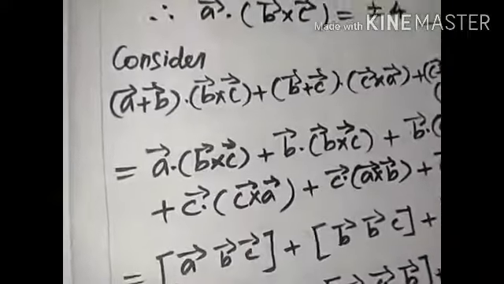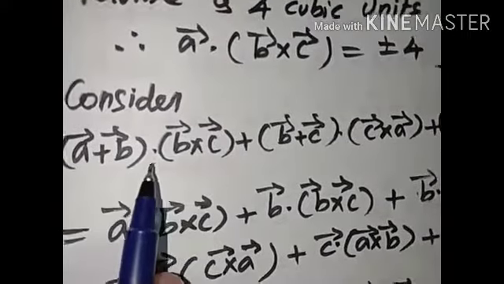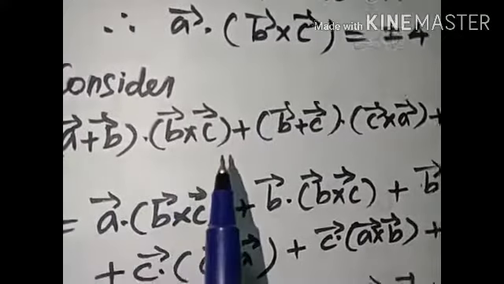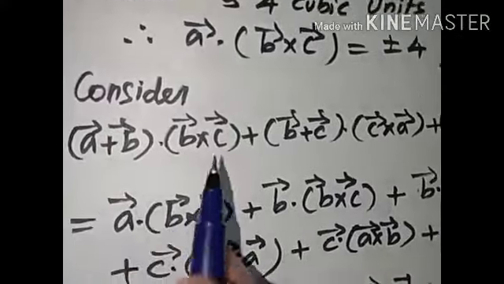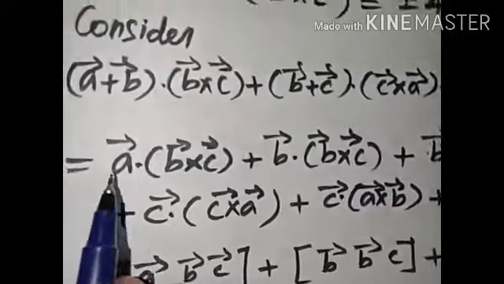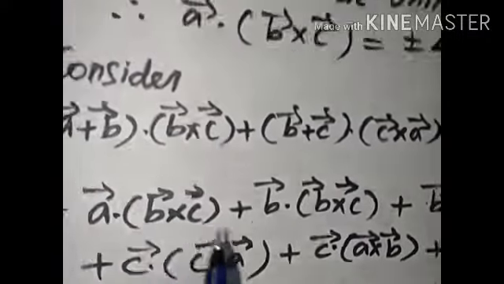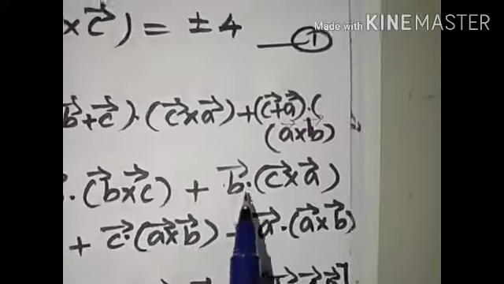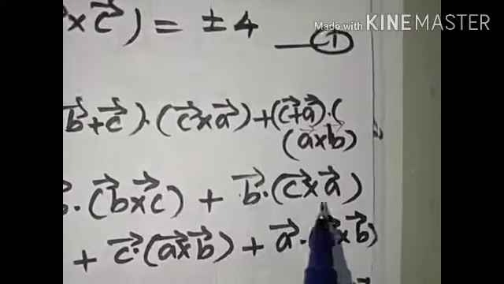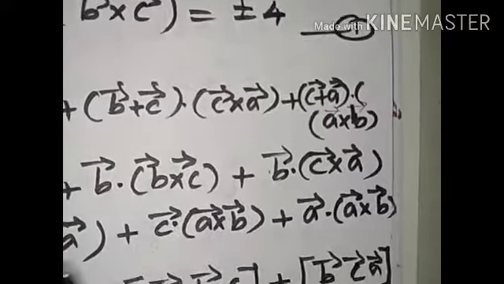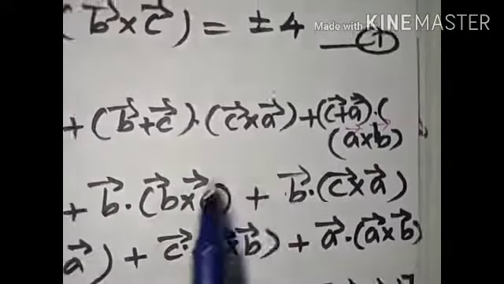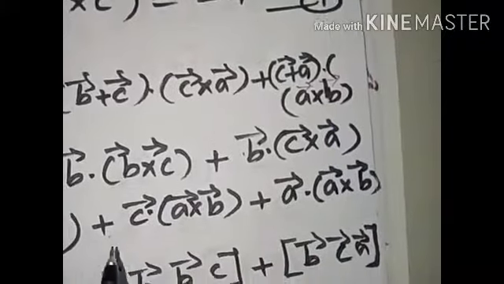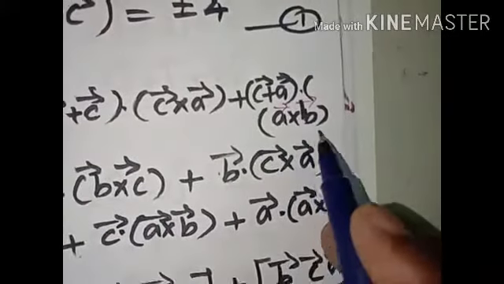Expanding, the dot product of (a + b) dot (b cross c) gives a dot b cross c plus b dot b cross c, plus b dot c cross a plus c dot c cross a, plus c dot a cross b plus a dot a cross b.